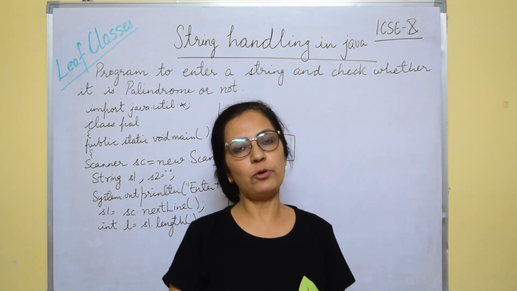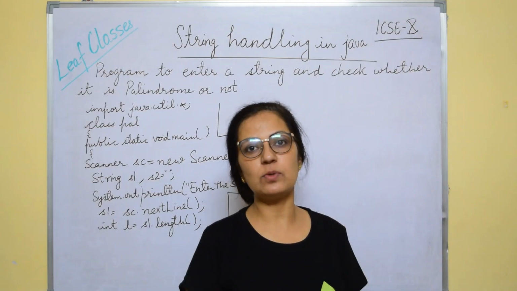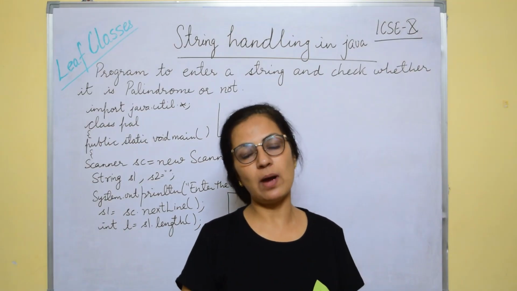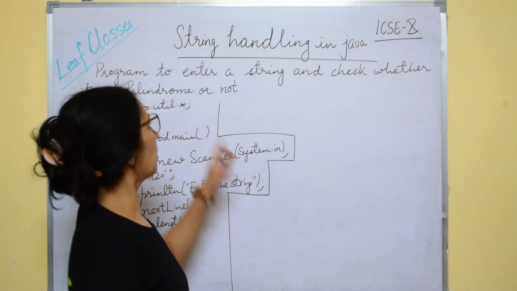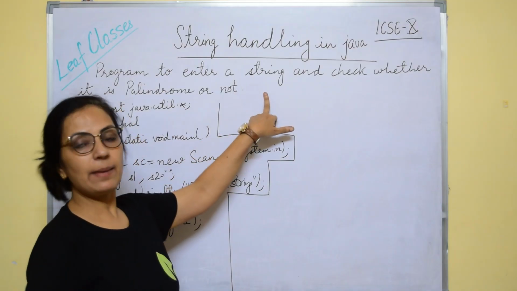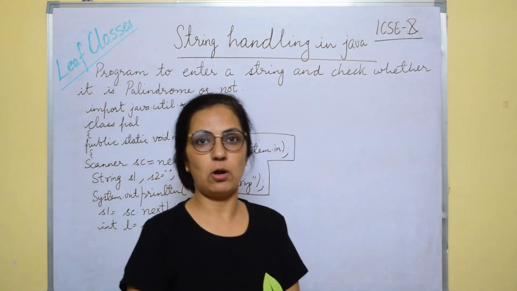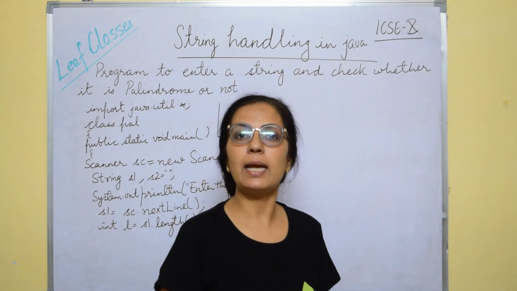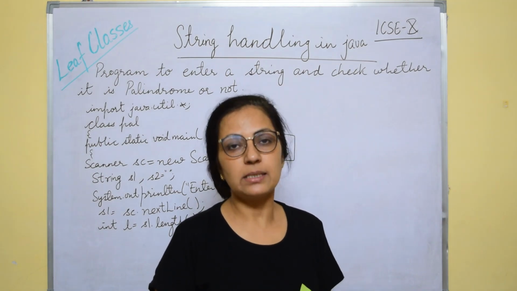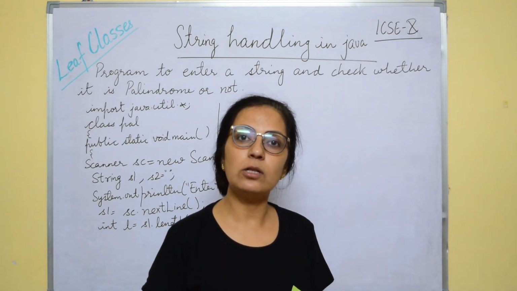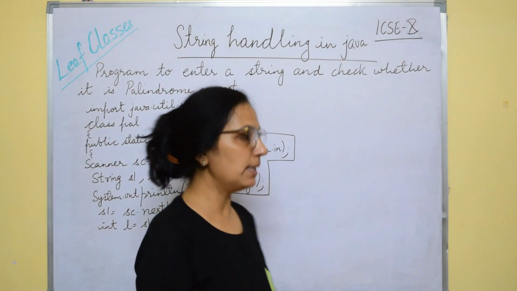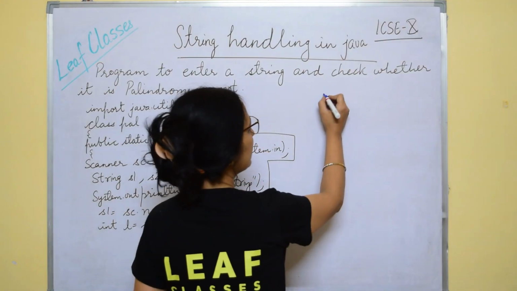Now we will do a few programs based on the functions which we have done in the first video and today. The first program is: write a program to enter a string and check whether it is a palindrome or not. A palindrome string is a string that, if reversed, is still equal to the original string. Let's take an example.